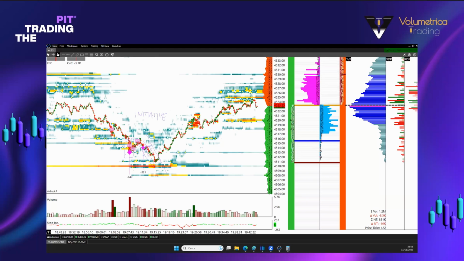We don't have huge bubbles, but we have, like here, steady, medium, average sized bubbles. We can still tell a dominant color. So during initiative to the downside, it is normal to have some green bubbles, but the majority of those bubbles will be red and on average bigger than green ones, and vice versa on initiative moves to the upside.